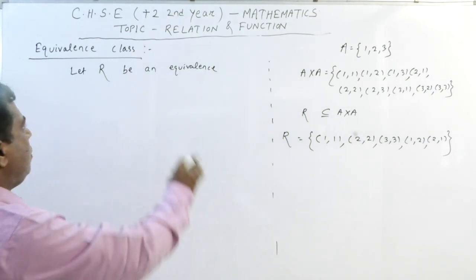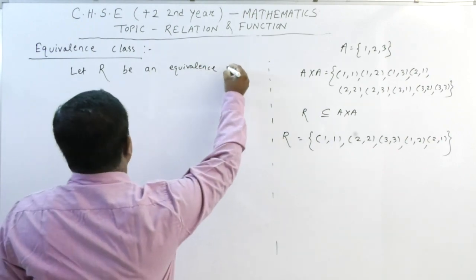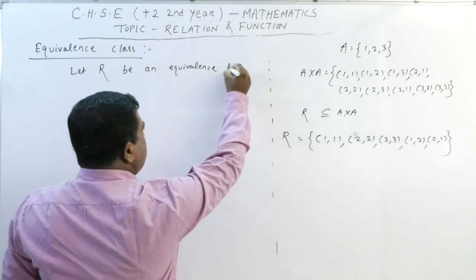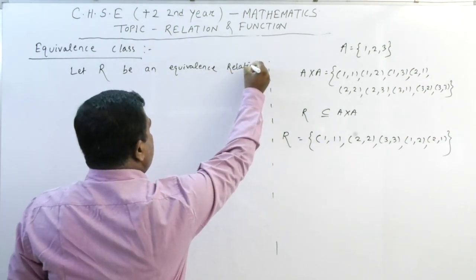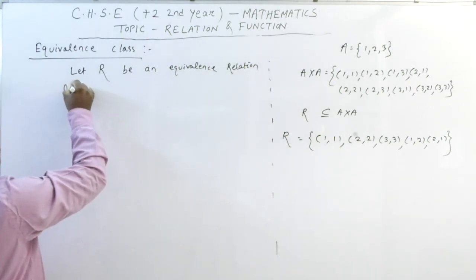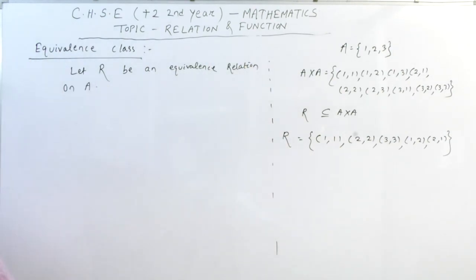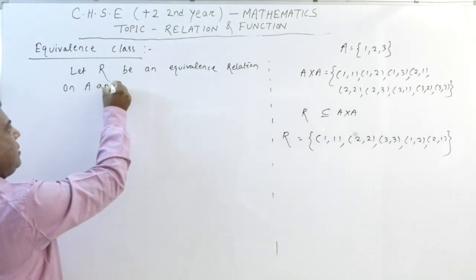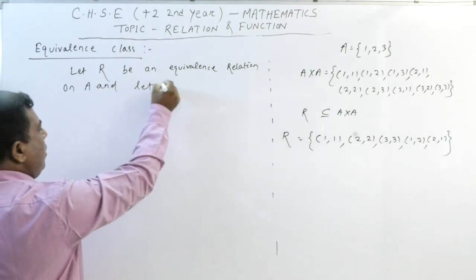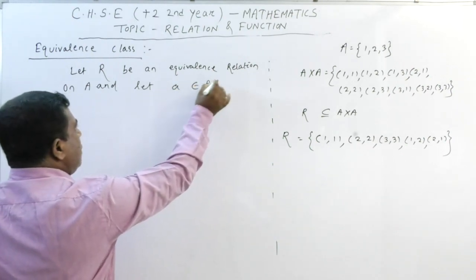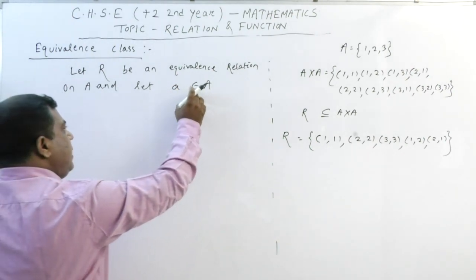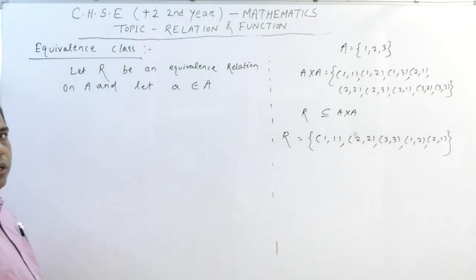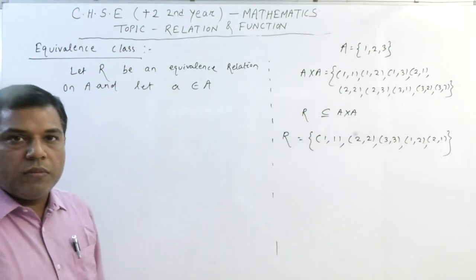Okay, so let R be an equivalence relation on A. Yes or no? And let one particular element, suppose the particular element is a, belong to the set A. Clear?